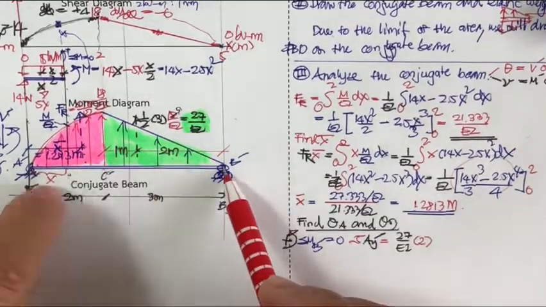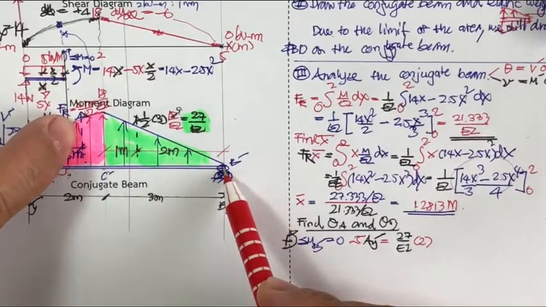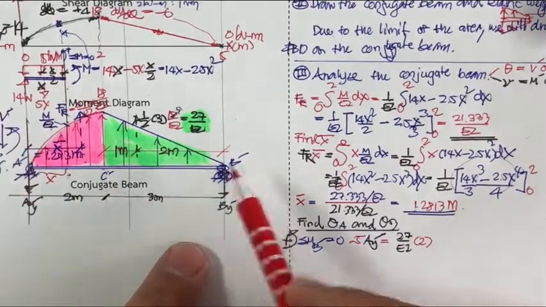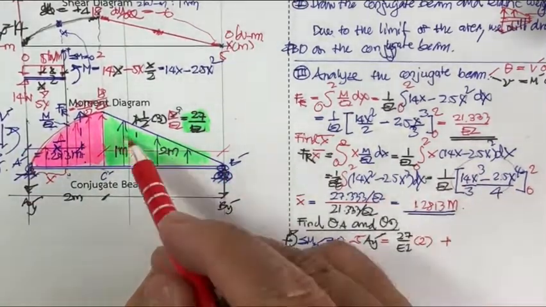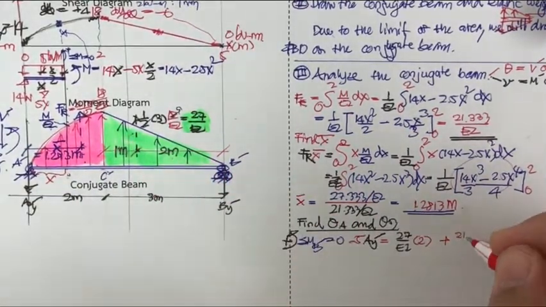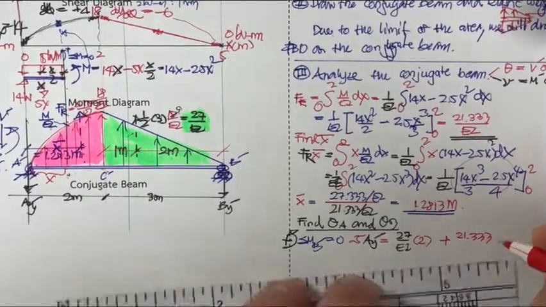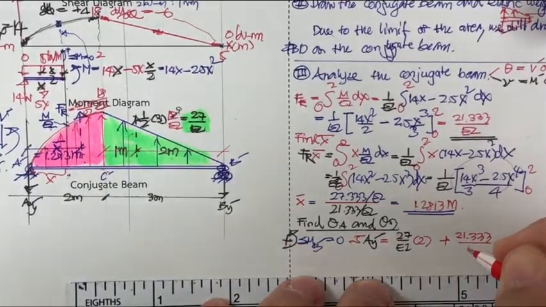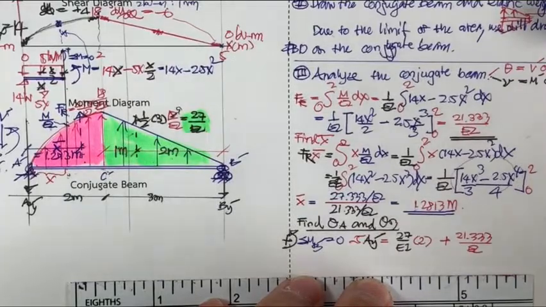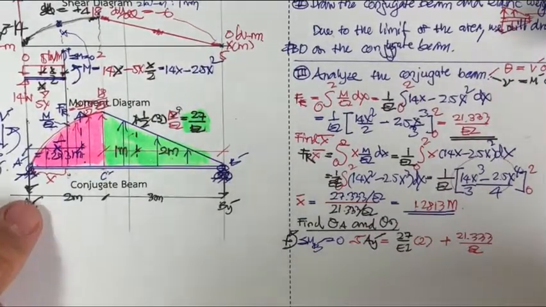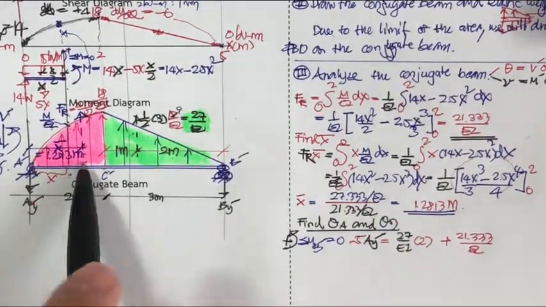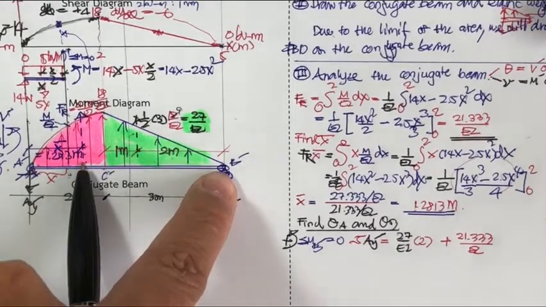And then this F sub r, okay, 21.333 over EI, is going to rotate in the same direction as this one. And how far from this one to this one?